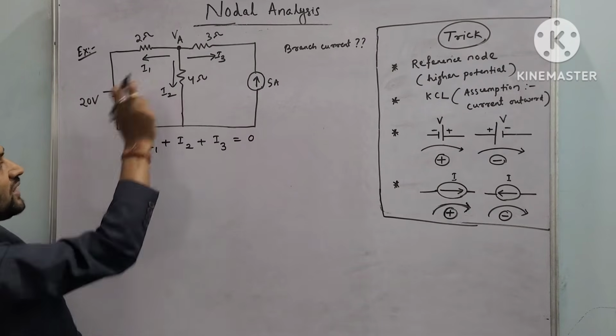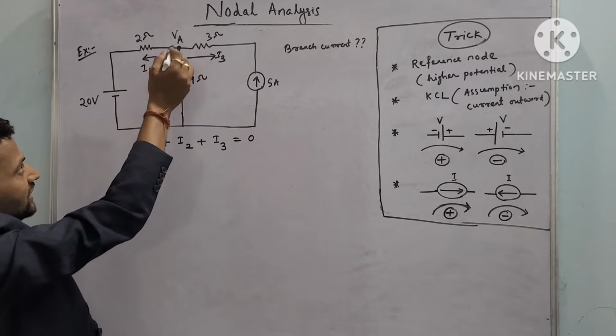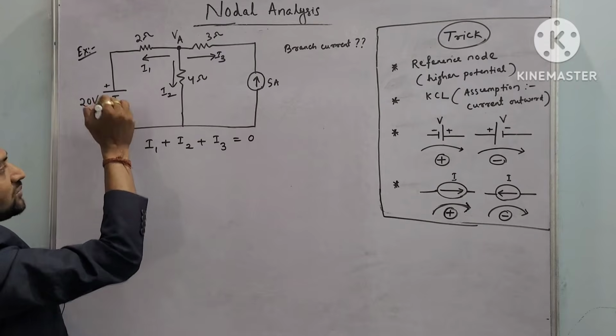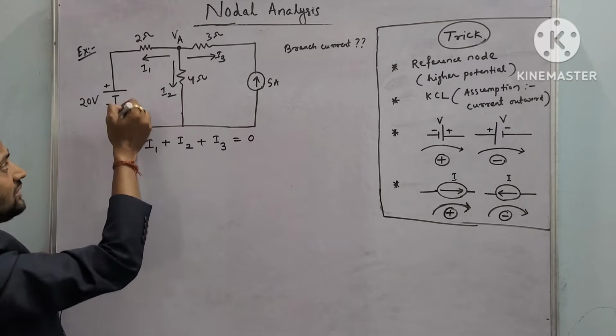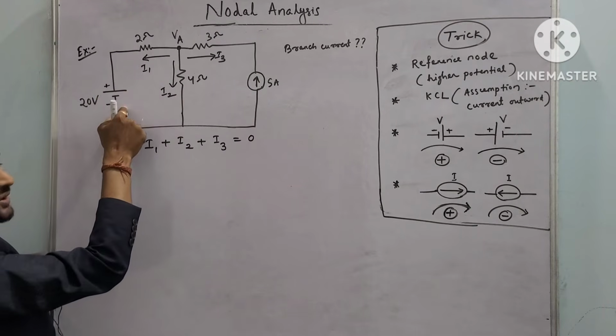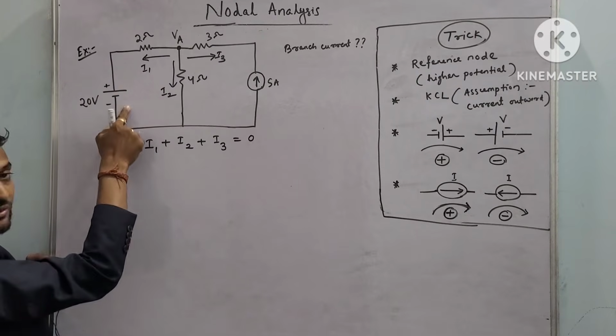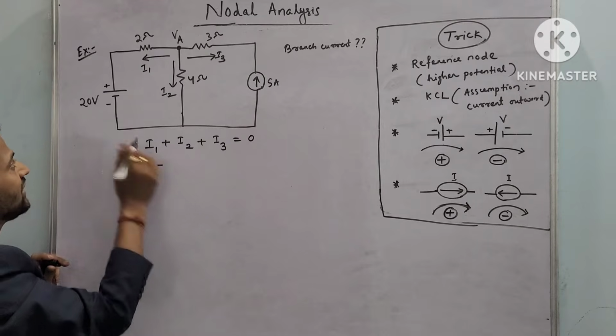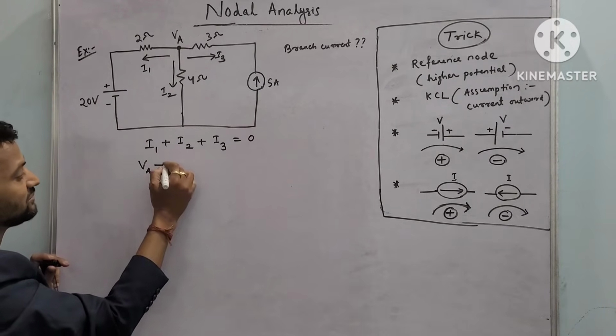In place of I1, what is the change in potential over here? VA minus 20, because we are coming from higher potential to lower potential, so the sign of this voltage will be minus.